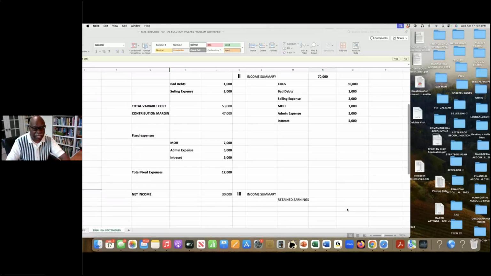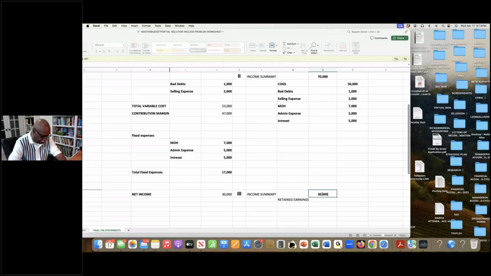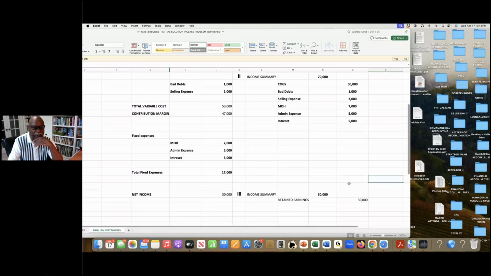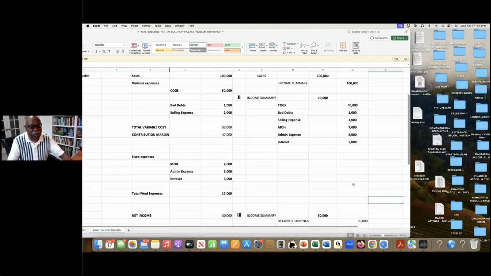So, closing entry 3 will always close out the net income to retained earnings. If you're in a break even year, of course, you would have zeros here. So I think it's good that we covered this first. We can always come back and review it again.